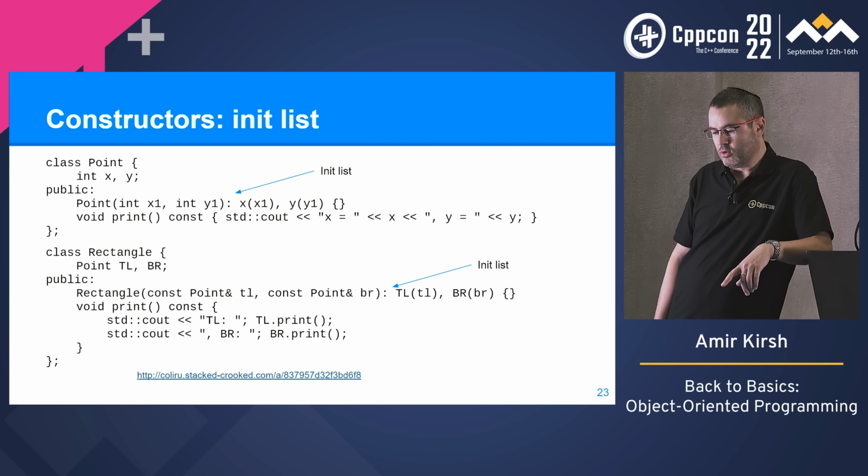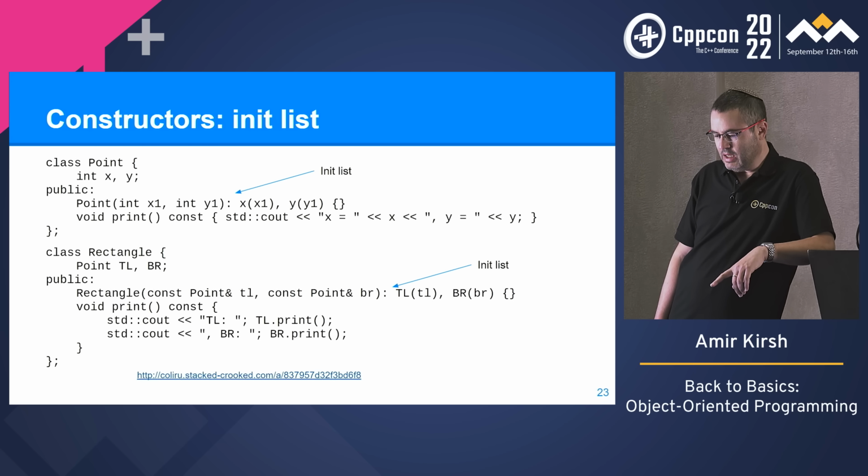We have here the constructor point that gets two integers and initializes x and y. For rectangle, we have down below another constructor which gets 2 points and sends them, by the way, to a constructor that I cannot see on the slide, which means I didn't implement it and yet I have it.